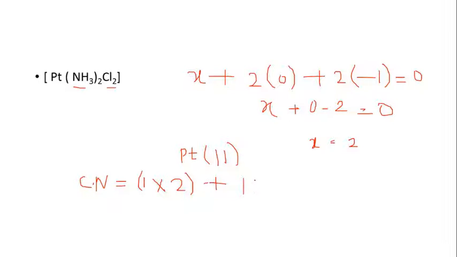So 1 monodentate into 2 chlorines, so 1 into 2 is 2, plus 2. So totally there are 4, the coordination number is 4. So there are totally 4 donor atoms which give electrons to platinum. So the oxidation state is +2 and the coordination number is 4.